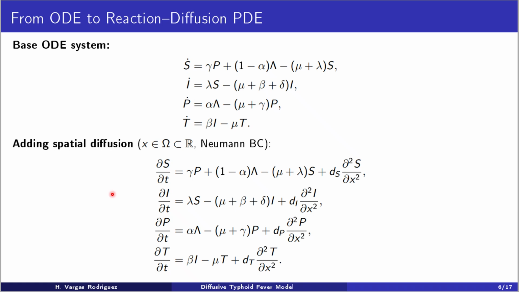Our contribution starts here. We introduce spatial diffusion by adding a Laplacian term with diffusion coefficients for each compartment. The domain is a bounded region omega with a smooth boundary, and we impose homogeneous Neumann boundary conditions, meaning zero flux at the boundary, so the population cannot leave the domain.